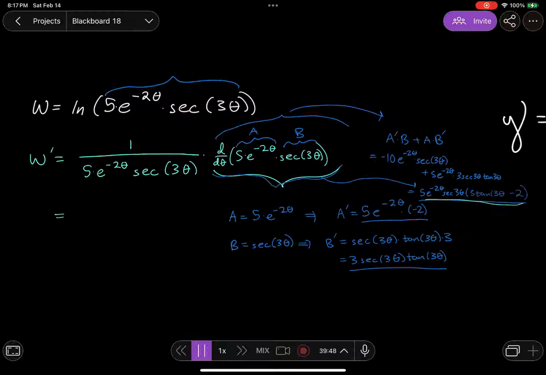And there is certainly a big reason why, because this is, okay, I'll show all steps. 5e to the negative 2 theta times secant of 3 theta times the 3 times the tangent of 3 theta, minus 2, all divided by 5e to the negative 2 theta times the secant of 3 theta.